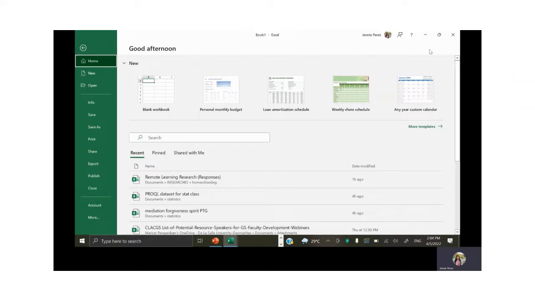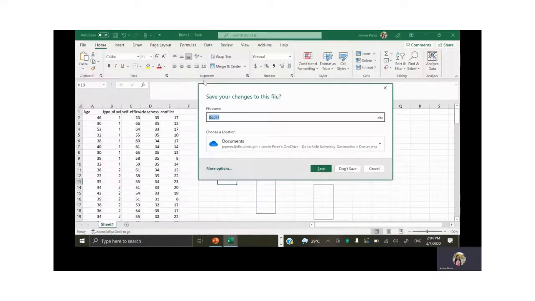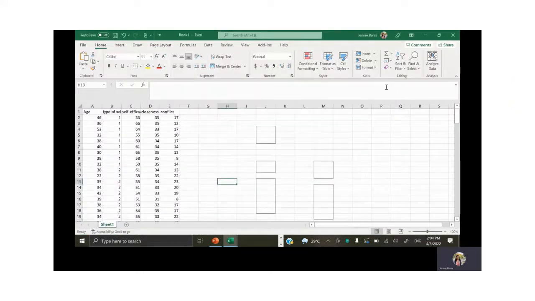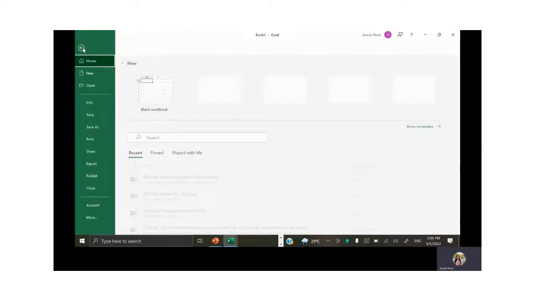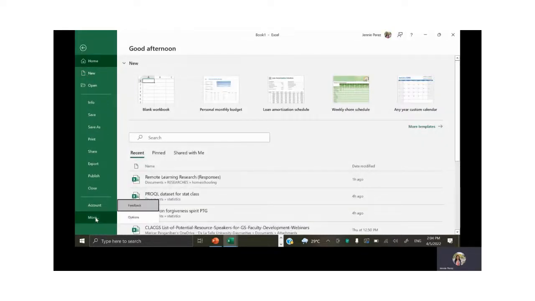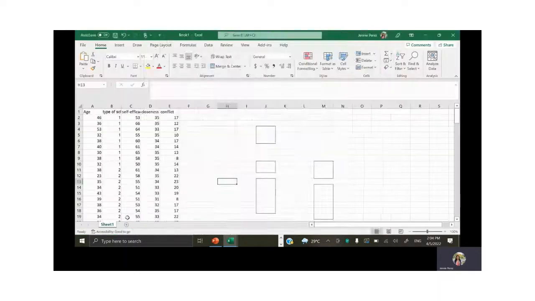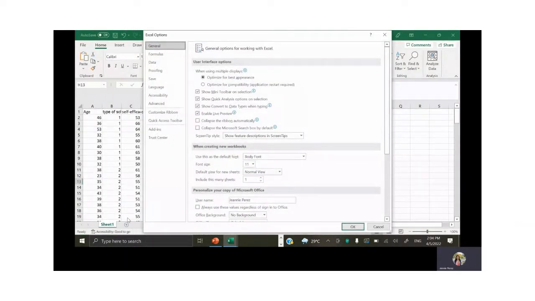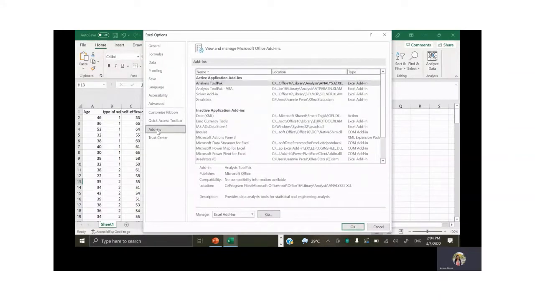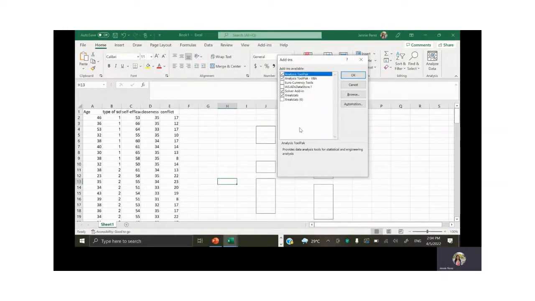You go to File, and then click More, and then Options. This is if you are using Windows, and then click Add-ins, and then click Go. Dito kasi naka-check na yung RealStat ko.